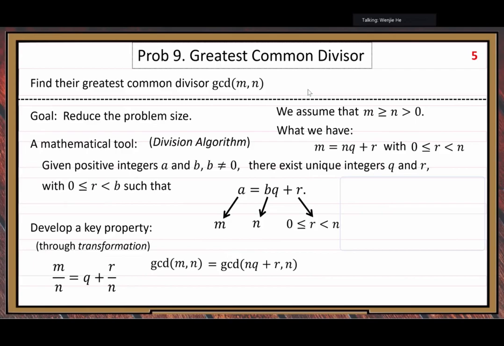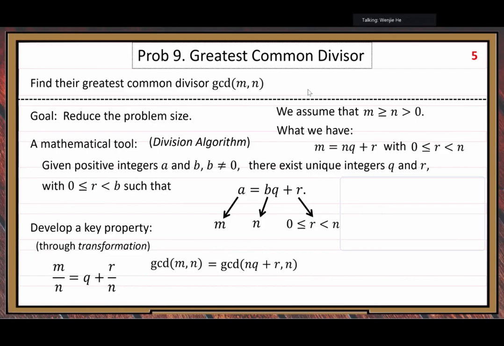Based on that observation, can we make our conclusion? The GCD of m and n equals the GCD of r and n. That's simple. That's the reduction.